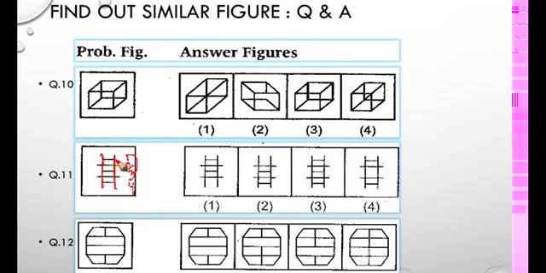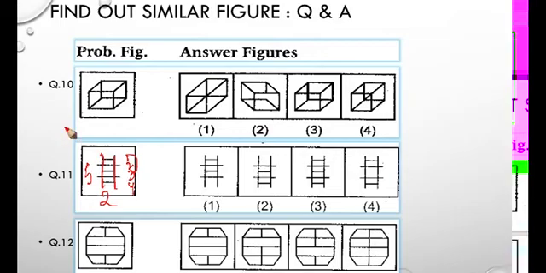So one line is smaller, the other one is bigger, and then the next line is smaller, the other one is bigger, and the next line is smaller. So in totality 1, 2, 3, 4, 5 lines are there which are horizontal, and 2 lines which are vertical. So let's check the number of lines in the answer figures.